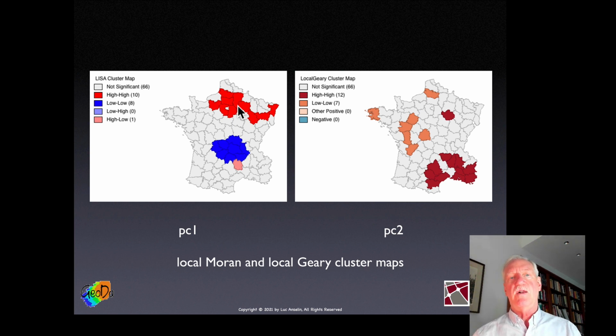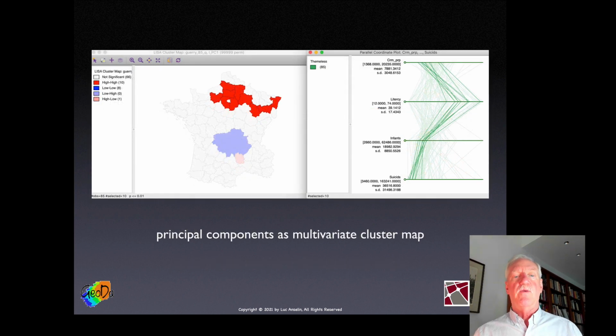Rather than having to deal with this very complex analysis of local spatial autocorrelation for multiple variables, we can carry out the usual approach for just one variable using, say, the local Moran. And then we can use our linking and brushing to assess actually what this means. So we can see by selecting the observations in the high cluster what those correspond with in terms of the magnitudes for the different variables involved in the analysis.